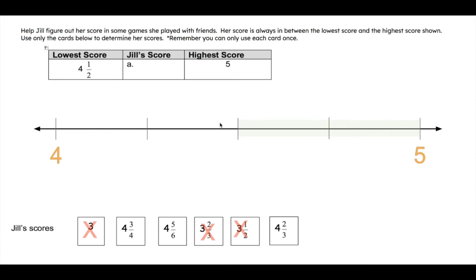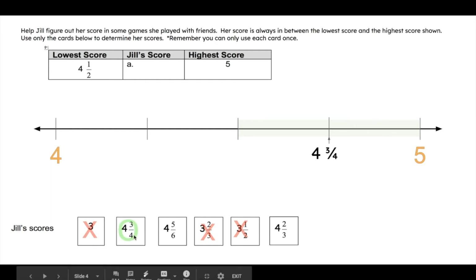Now I can find where 4 3/4 is. Here's 4, 4 1/4, 4 2/4, 4 3/4 right here. Let's mark that. And check it out, it's in the sweet spot. It's more than 4.5, but less than 5. So this could be one of the answers. Let's check the other ones just to be sure, but this answer does check out.